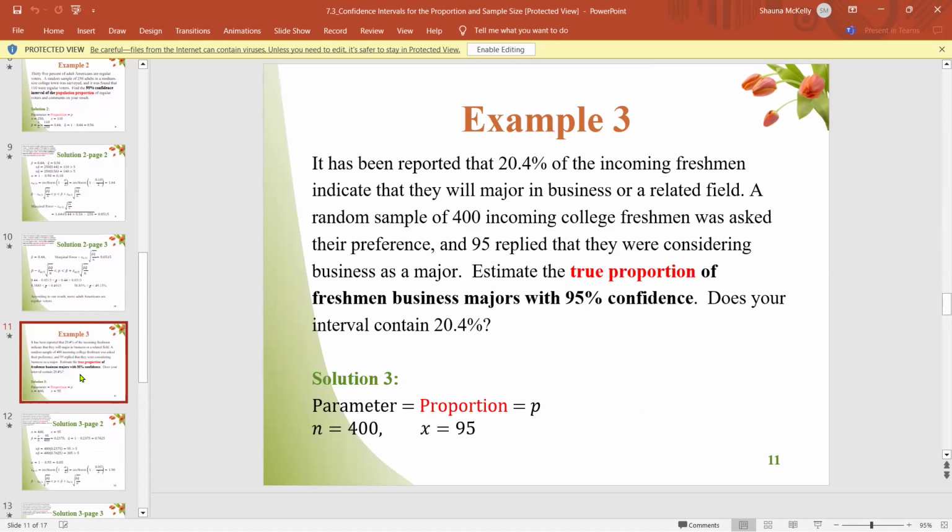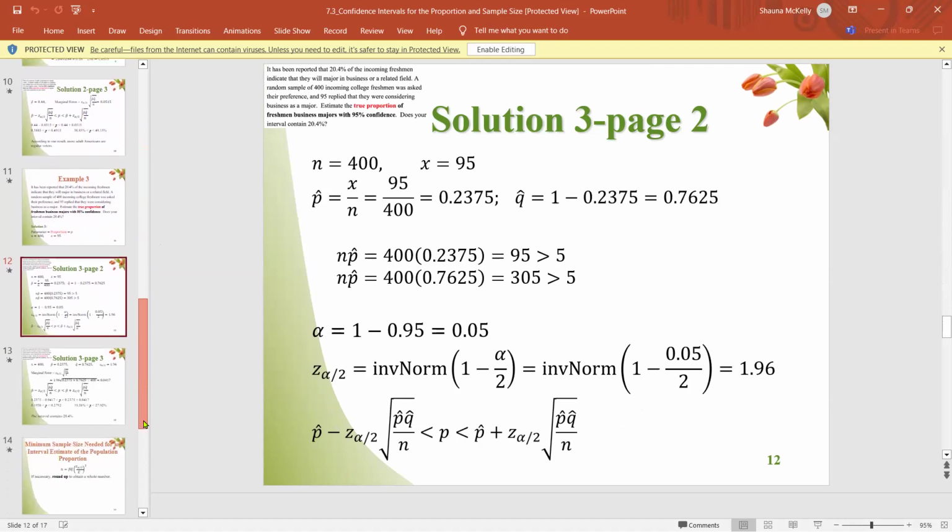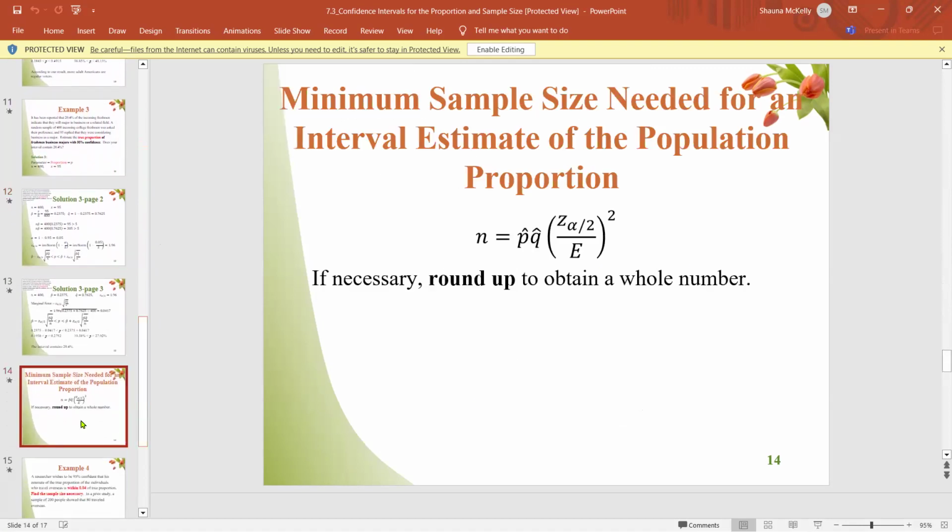So what I'm going to do is show you, this is what I needed. Okay, here's the minimum sample size formula for an interval estimate of the true population proportion.